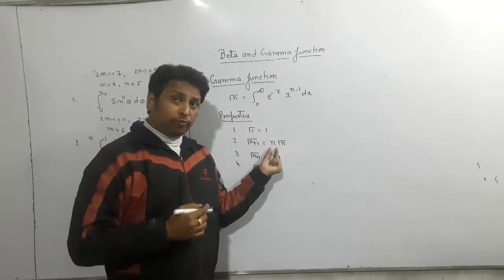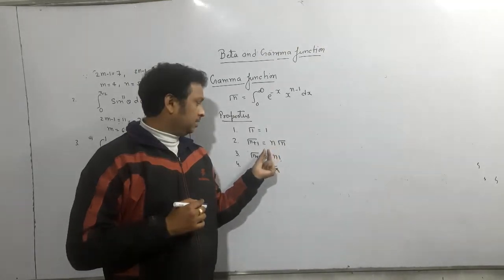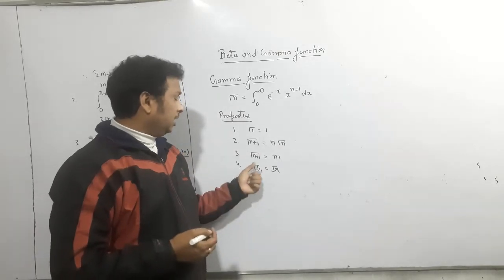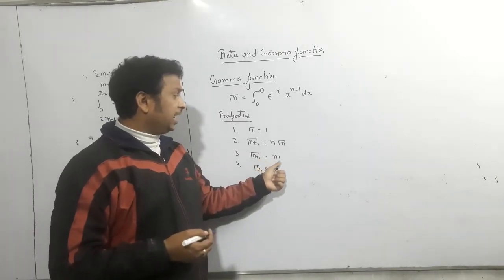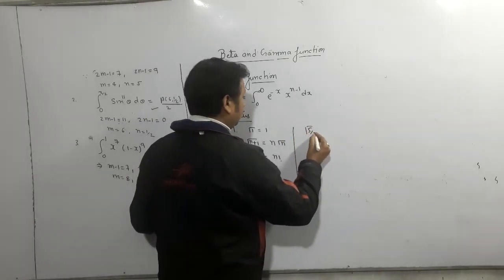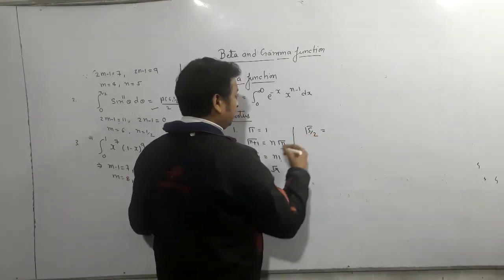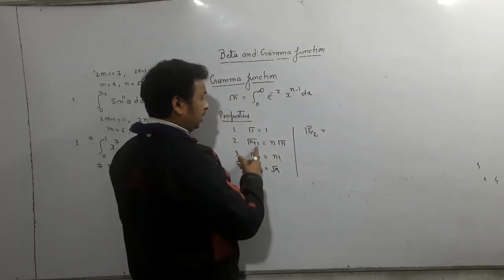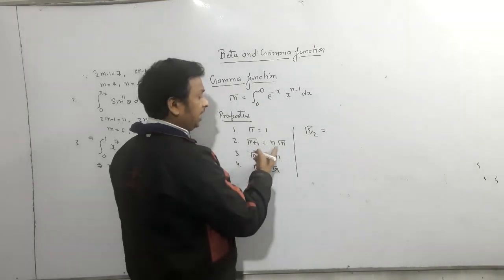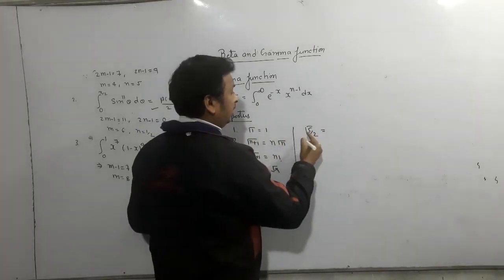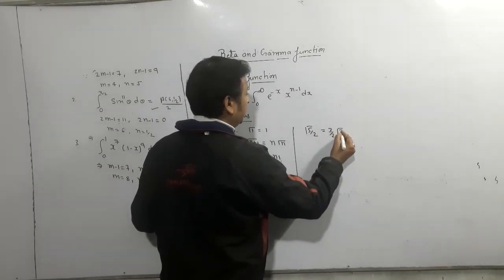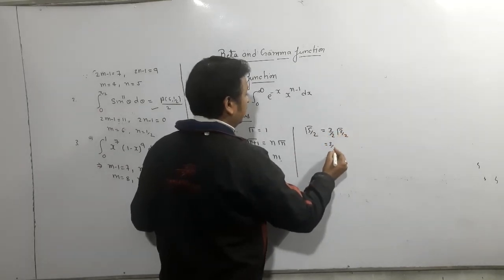This one we use when n is fractional, meaning they ask for gamma of some fractional value. And gamma n plus 1 is n factorial. For example, what is gamma 5 by 2? Gamma n plus 1 is n gamma n, so subtract 1 and write it inside. 5 by 2 minus 1 means 3 by 2, gamma 3 by 2. Again, what is gamma 3 by 2?